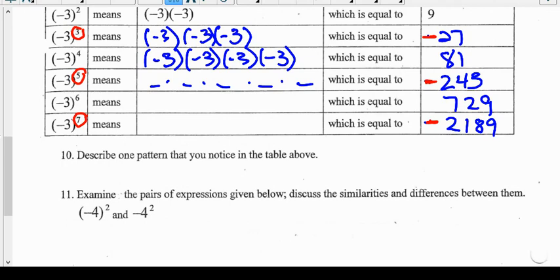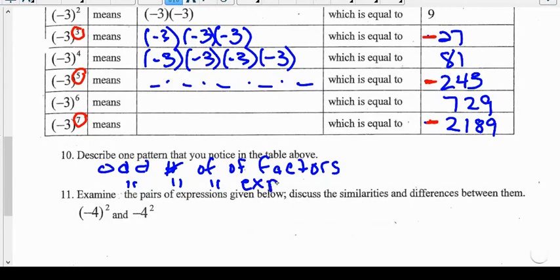Depending on how your teacher last year taught you exponents and multiplication, hopefully you're noticing that when we had an odd number of factors, that is an odd exponent, then our answer was negative. Clearly if we had an even exponent, we would have an even number of negative signs, and that would give us a positive answer.